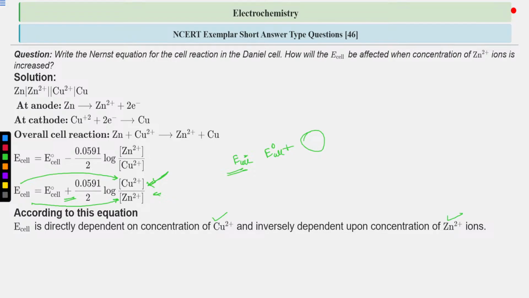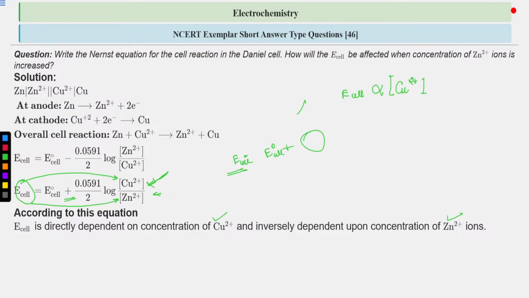If the denominator in the log increases, the log value will decrease, and the E cell value will also decrease. But if the copper 2 plus ion value decreases, the E cell value will decrease. So basically E of cell is directly proportional to the concentration of copper 2 plus ions.